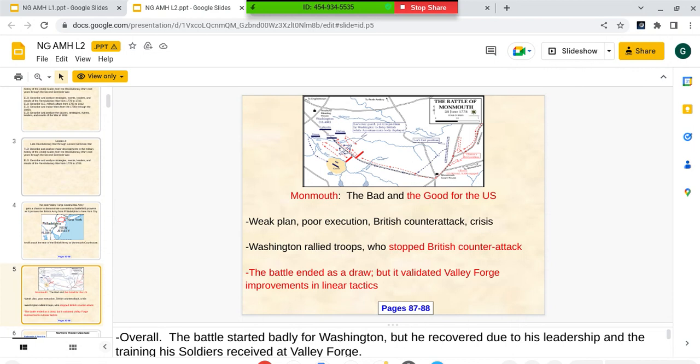That training was what led to the Battle of Monmouth being a draw instead of a complete loss for the Patriots, because the Patriots now had training from someone who understood the linear tactics of the British and taught them how to fight that way. So it kind of helped them. It wasn't a complete victory for the Patriots, but they did a lot better than they would have done without von Steuben's training in linear tactics.